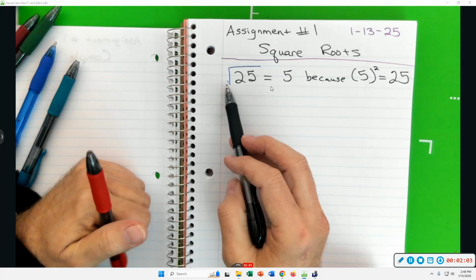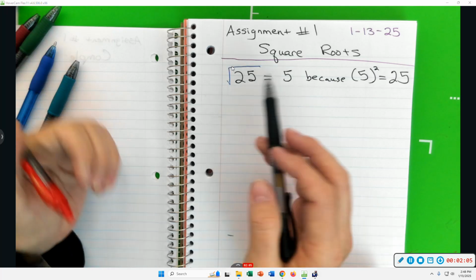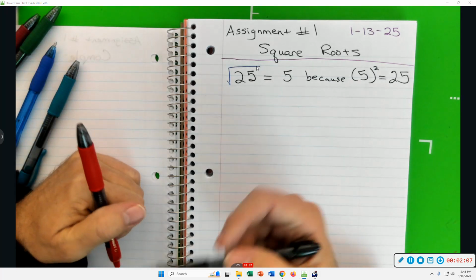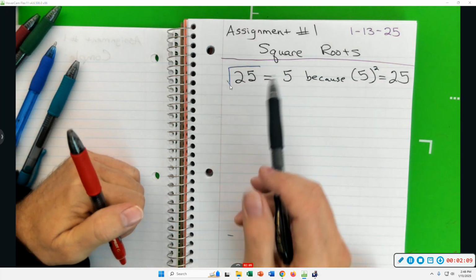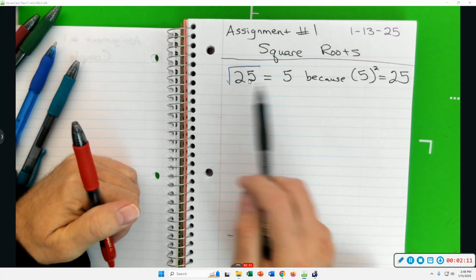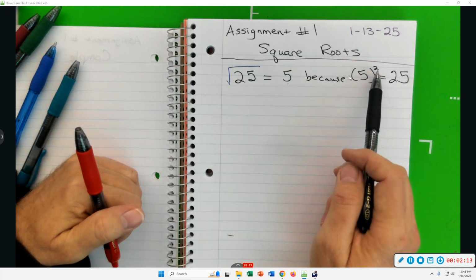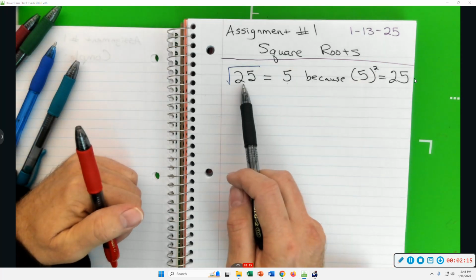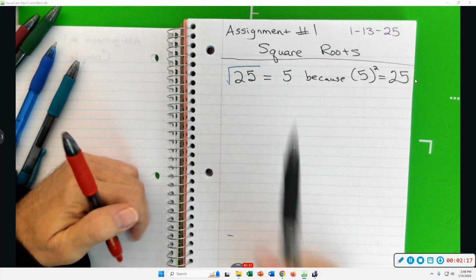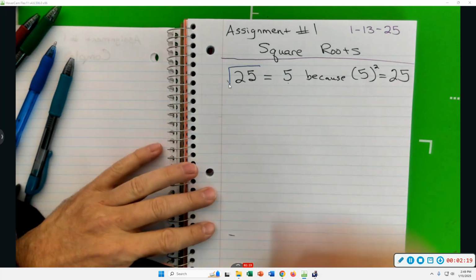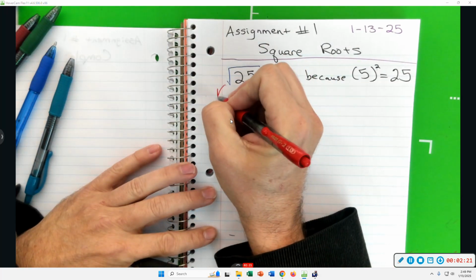I'll refer to this symbol as a square root symbol. Another word for it is a radical symbol. But the square root of a number is the number that can be squared to give you back the number that's underneath the radical. As I said, this is called a radical symbol.